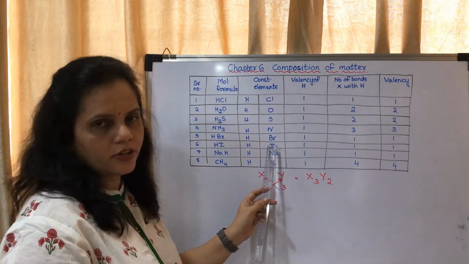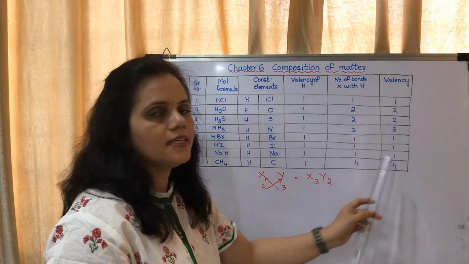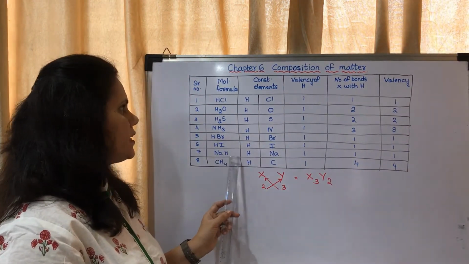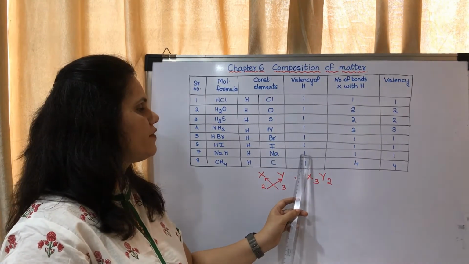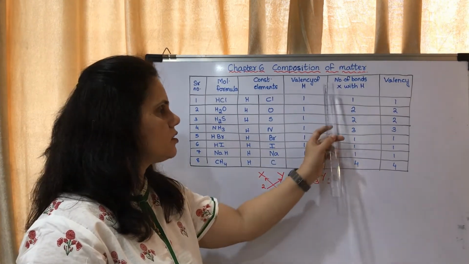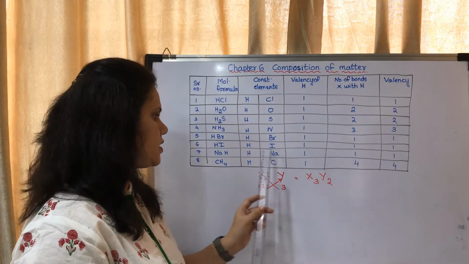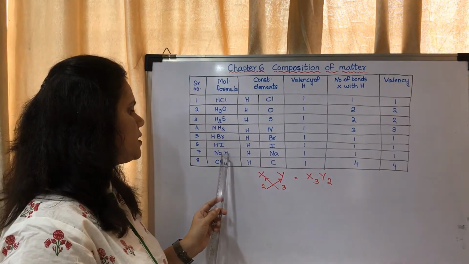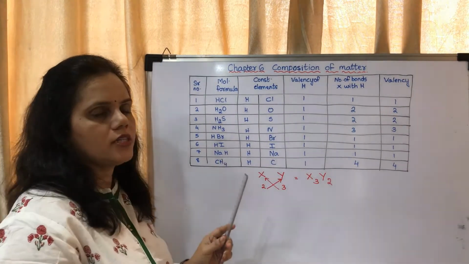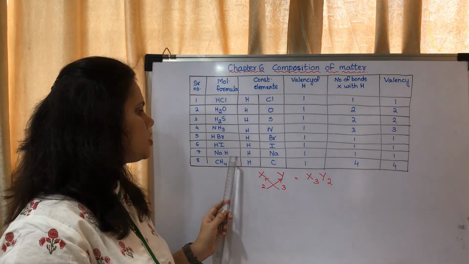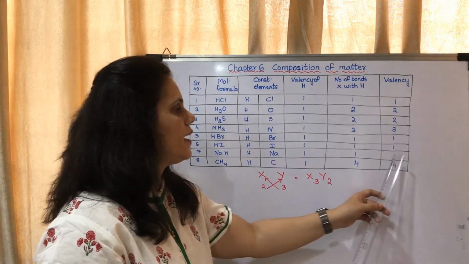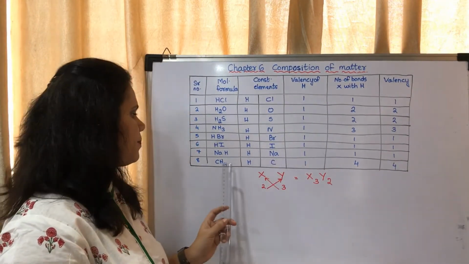X means iodine here, so the valency is 1. NaH, what are the elements? H and Na. Valency of H is 1. The number of bonds of Na with H means the number below Na. What is the number below Na? It is 1. So the valency of sodium is 1.